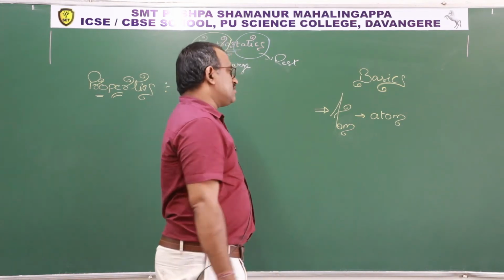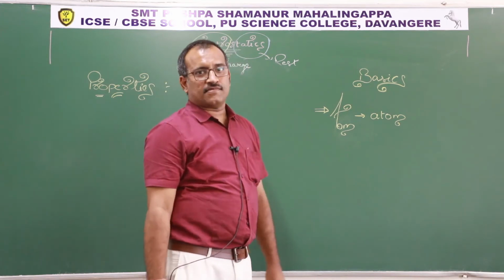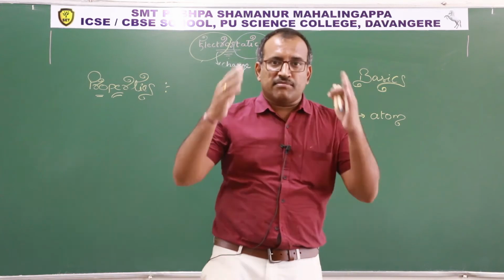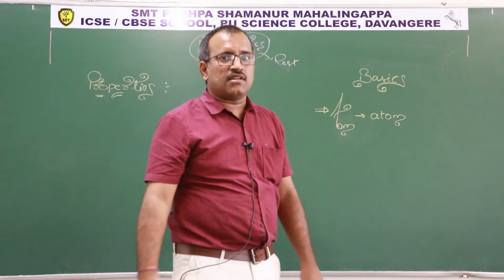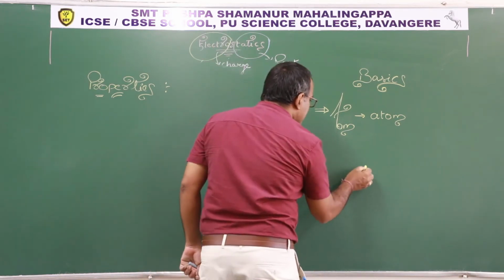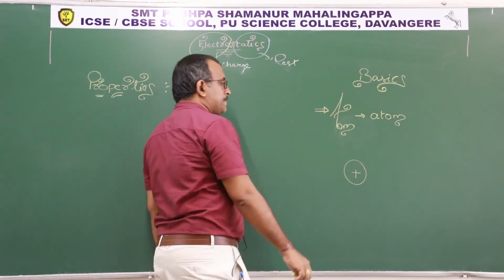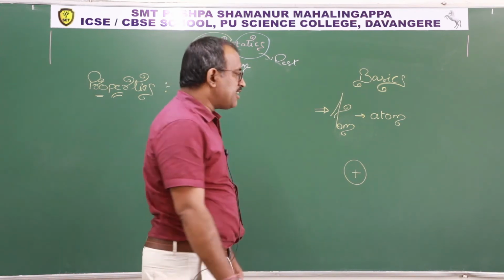What was the size? Maybe you can't see that, so for that reason I am going to the microscopic level to zoom it out. Listen carefully. This is the nucleus. In your school level you had studied this.